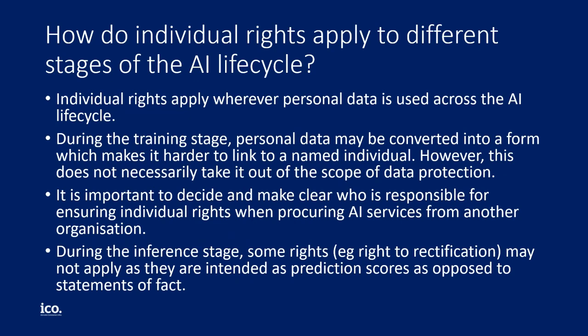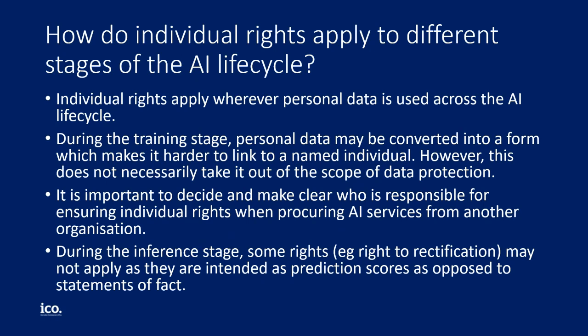In this example, if a customer provided a list of their recent purchases as part of their request, the organization may be able to identify the portion of the training data that relates to them. In these kinds of circumstances, you are obliged to respond to an individual's request, assuming you have taken reasonable measures to verify their identity and no other exemptions apply.